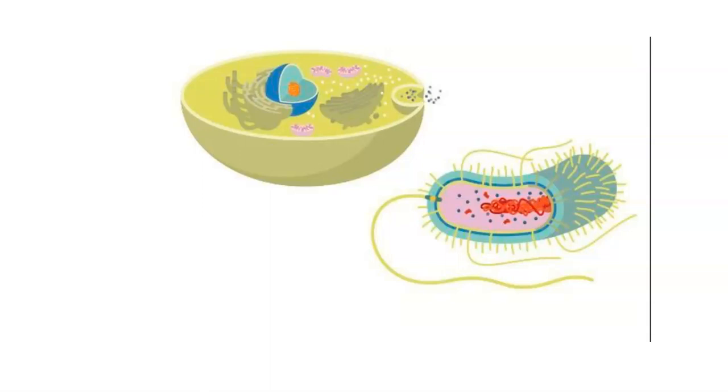DNA is sort of floating around. I don't know if it's floating around, but it's circular. It's not organized into a tight nucleus like you have in the eukaryotic cell.